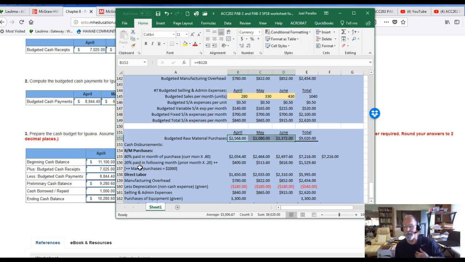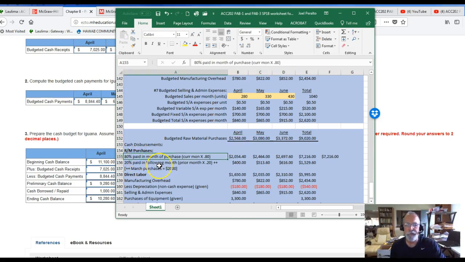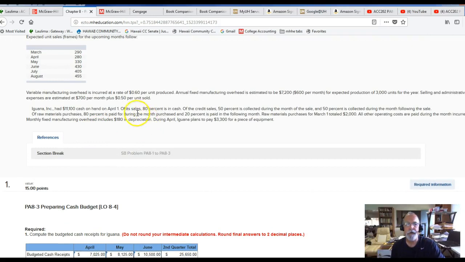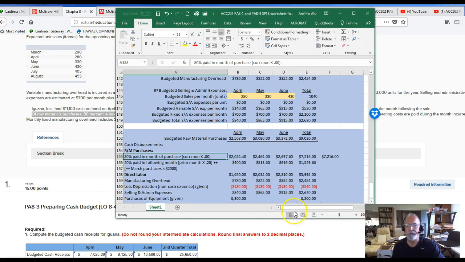We need to factor in the payment information. Of raw material purchases, 80% is paid for during the month purchased. 20% is paid in the following month. Okay, so we need to factor that information in here.